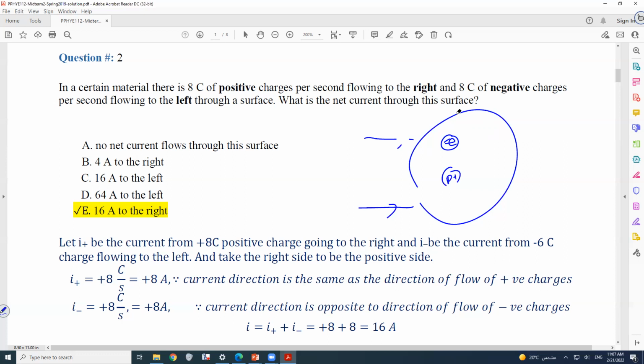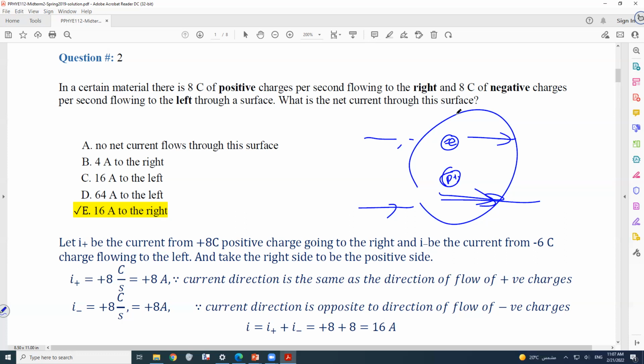When a positive charge is flowing, the charge motion direction and the current direction are the same. When a negative charge is flowing, that is the direction of the charge flow, but the direction of the current flow is opposite.